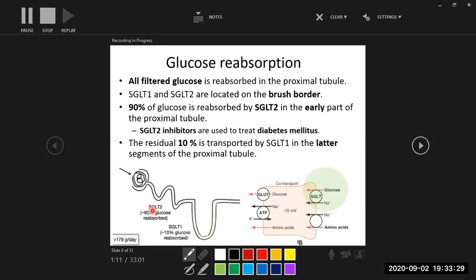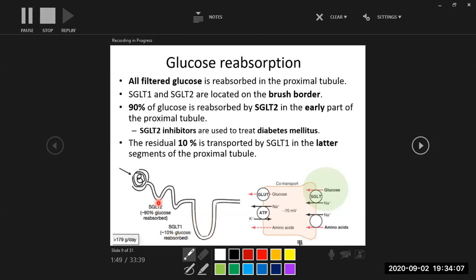This also provides the target of a drug to treat diabetes. The major feature of the disease, diabetes, is that our blood has too much glucose, hyperglycemia. So we want to get rid of it. A convenient way to get rid of it is to block the SGLT2. By doing so, that glucose will not get reabsorbed. 90%, that's a lot.